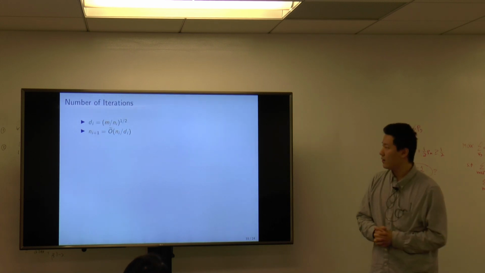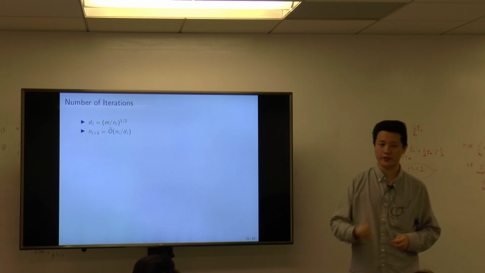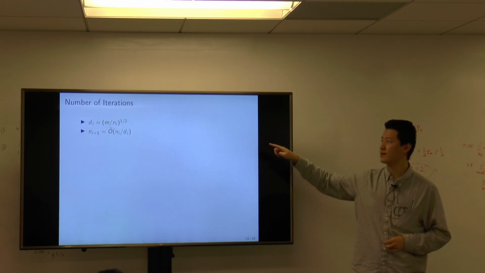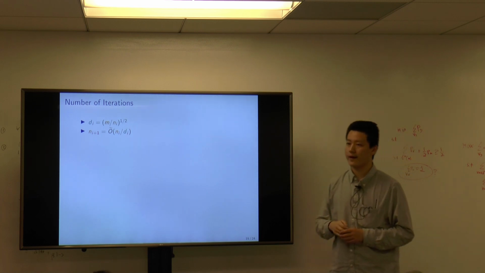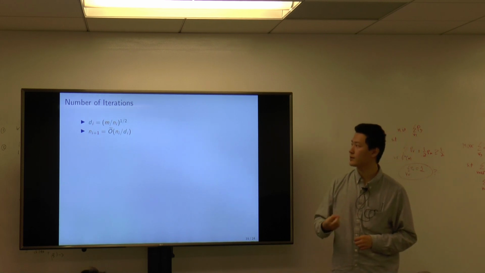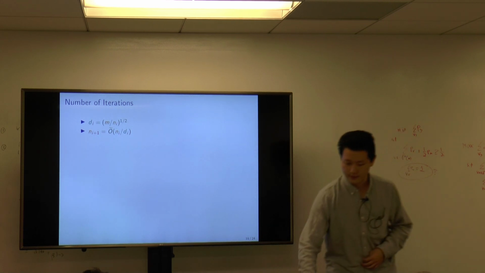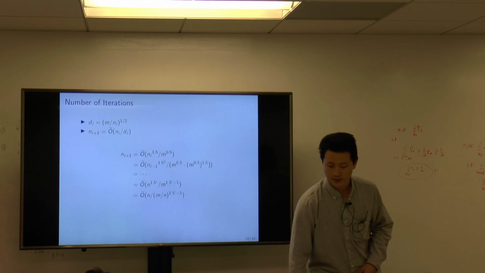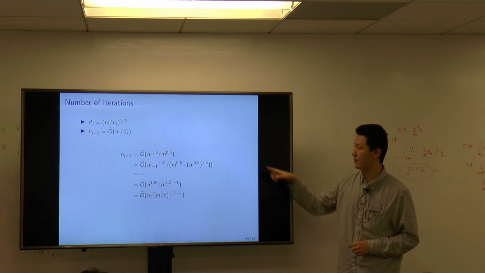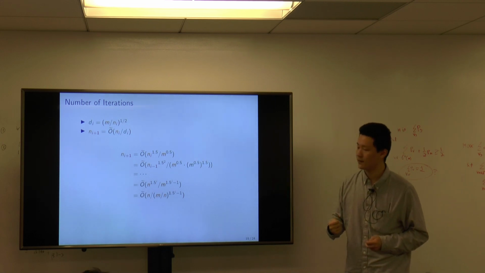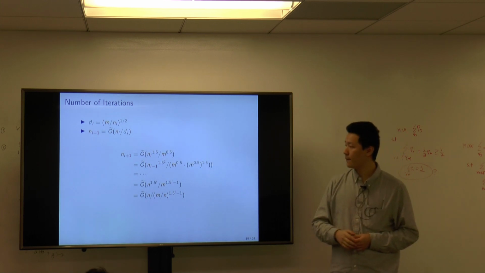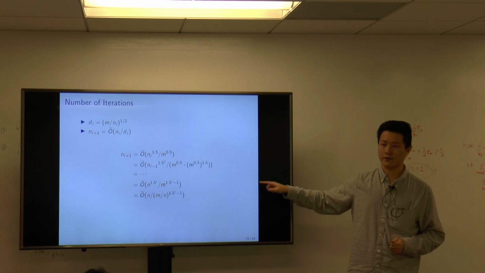Okay, so now let's analyze the number of iterations of our algorithm. Just remember, in the ith iteration, we set di to be this quantity, and the number of vertices that survived after the ith iteration is about ni over di. So we can plug in the di in this formula, and then we get the following calculation. The number of vertices surviving after the ith iteration is the number of original vertices over some quantity.